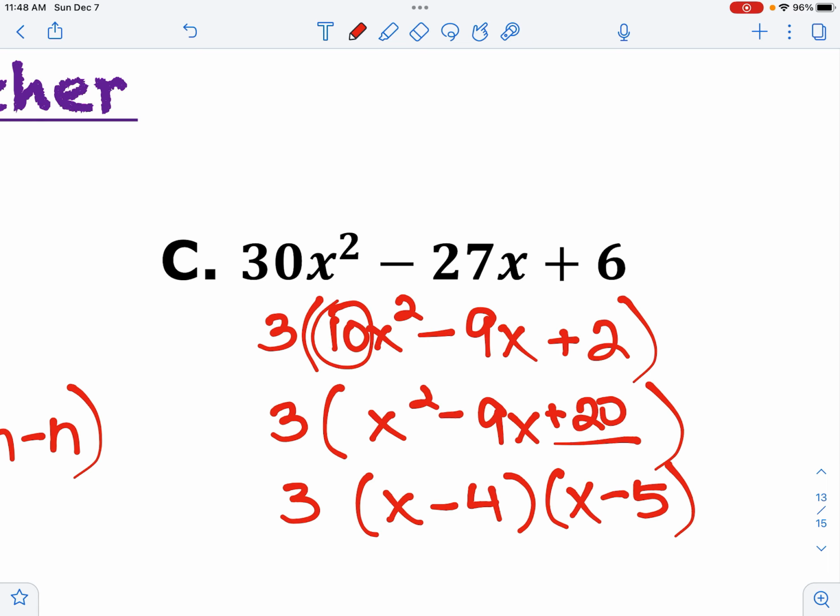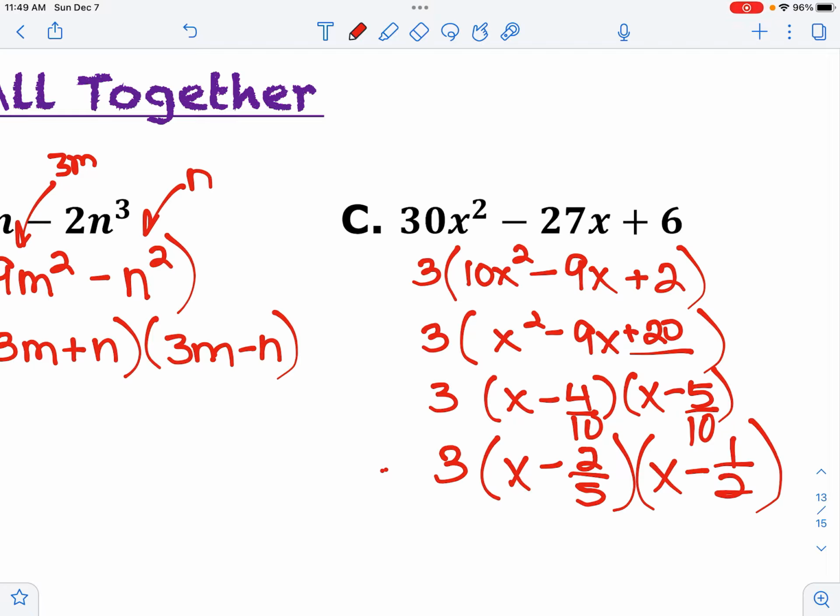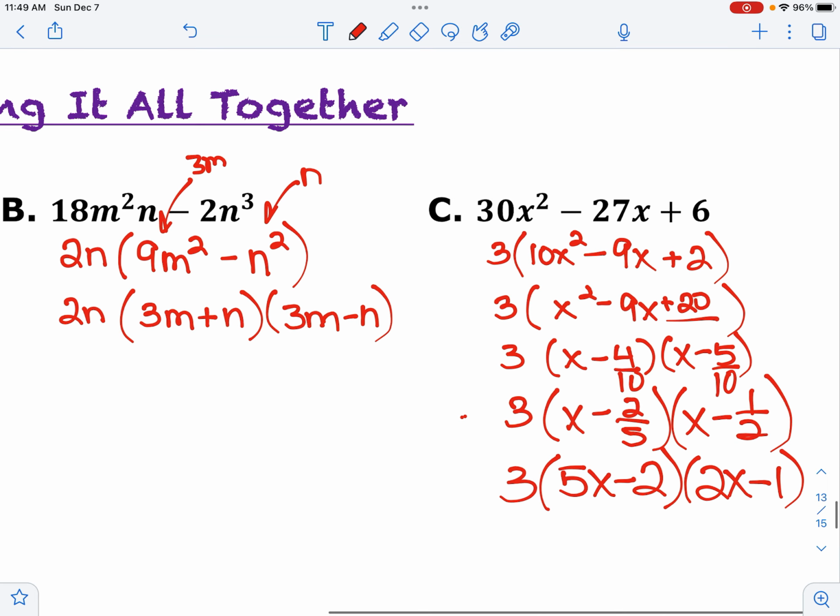My leading coefficient is 10 though, so I'm going to put a 10 under here and a 10 under here. Okay, I'm going to reduce that, keeping that 3 in front. This would be x minus, so that would reduce to 2/5, and this would reduce to 1/2. Okay, so this would be 5x minus 2 and 2x minus 1. Okay, there it is, the factored form of that.